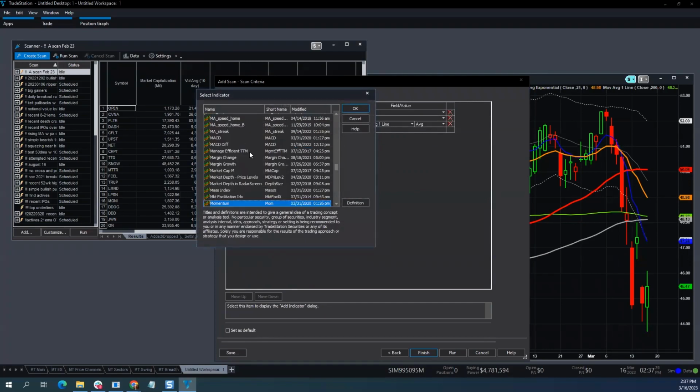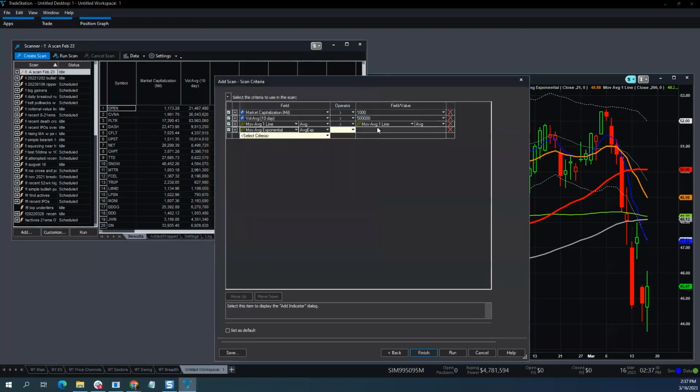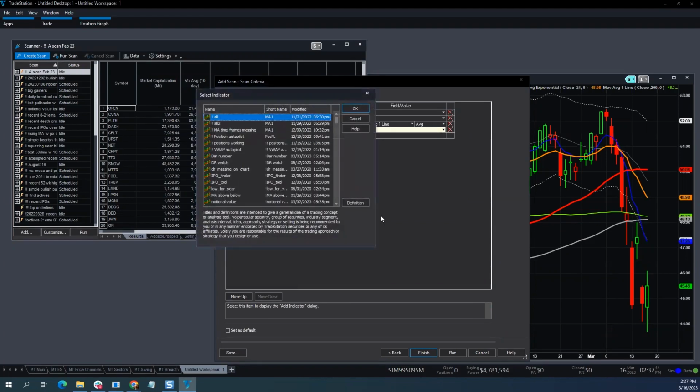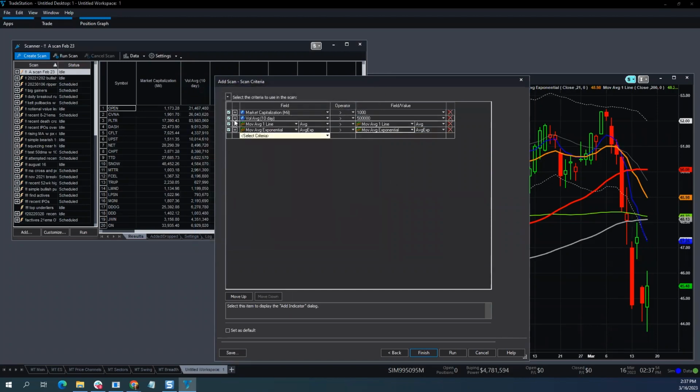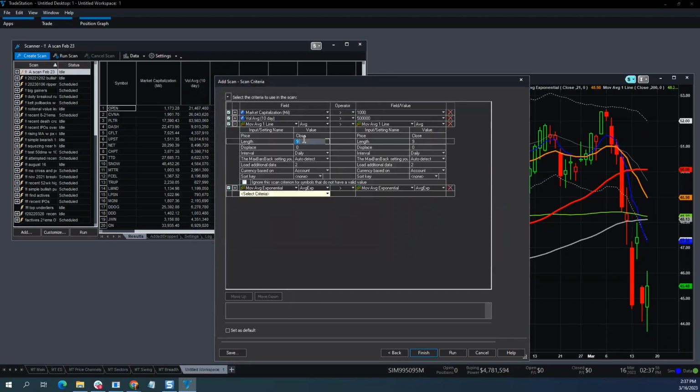Now I'm going to go to moving average exponential. I'm setting them first, putting them in, and then I'm going to add them next. Okay. Now we want the 50-day simple above the 200-day simple.